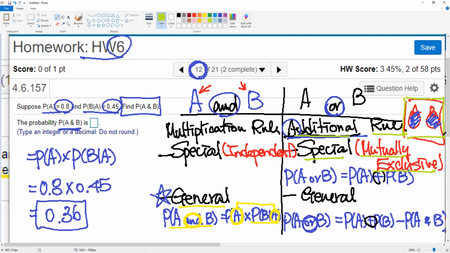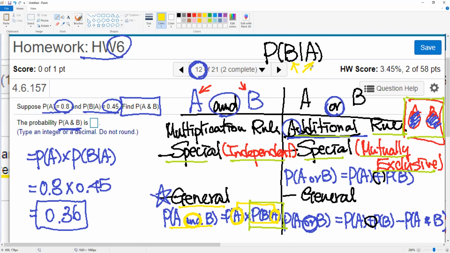But this one is another special case, when they are independent. Please look at the conditional probability. Let me copy the conditional probability, B given A.